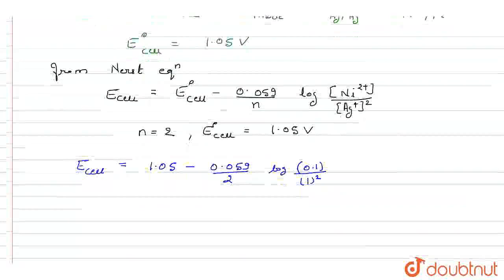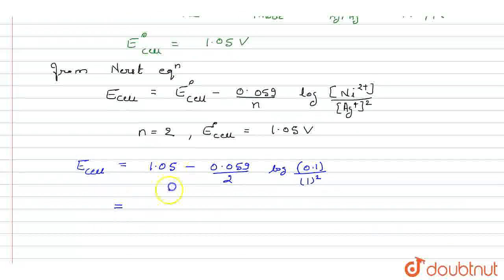Solving this, the equation becomes 1.05 minus, and we get the value 0.0295 volt, so E cell is 1.0795 volt.